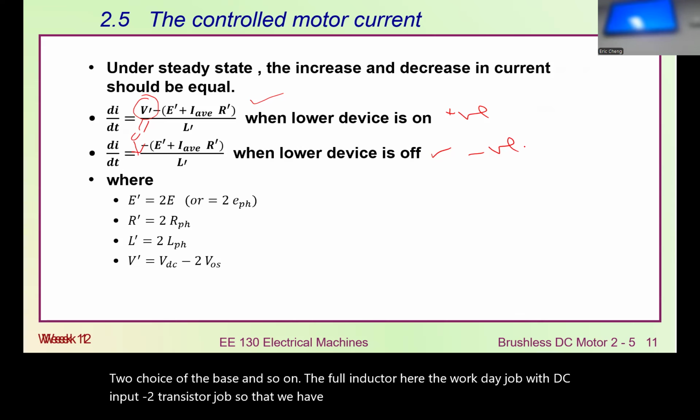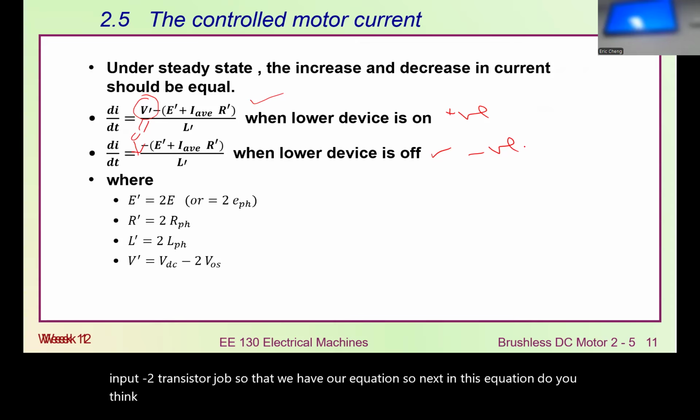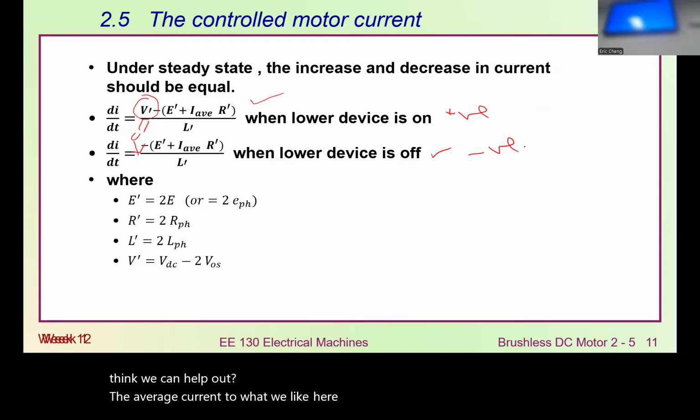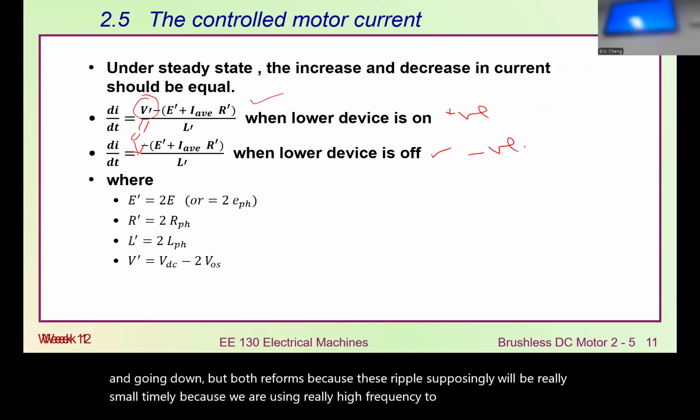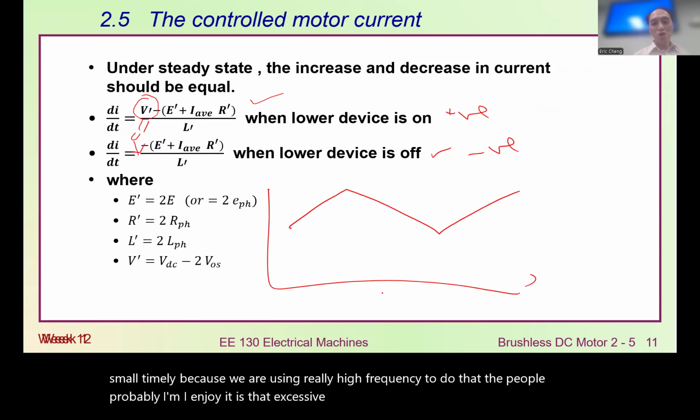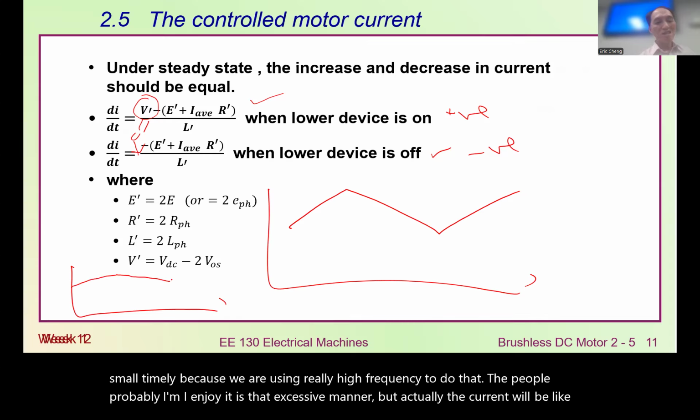So next, in this equation, do you think we can work out the average current? What we know here is only the ripple going up and going down. This ripple is supposed to be really small, tiny, because we're using a really high frequency. I drew it in an exaggerated manner, but actually the current will be very small, very tiny.